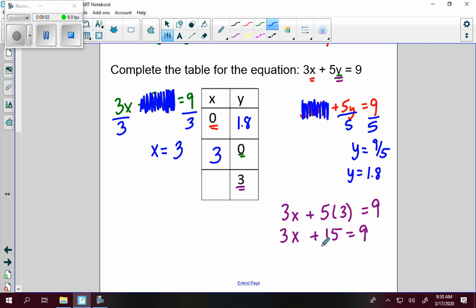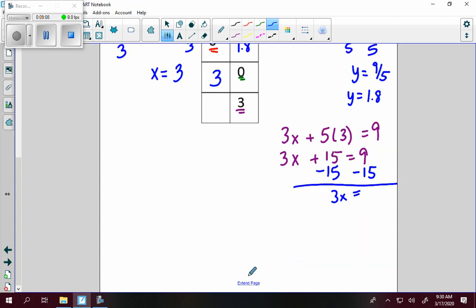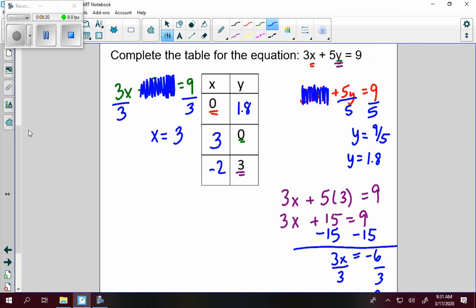I have to get x by itself, so I'm going to take 15 to the other side. And I have 3x equals negative 6. And when I divide by 3, I get x equals negative 2. So if I were to graph these 2 points, I would actually graph the 2 with the whole numbers, because that would be easiest.